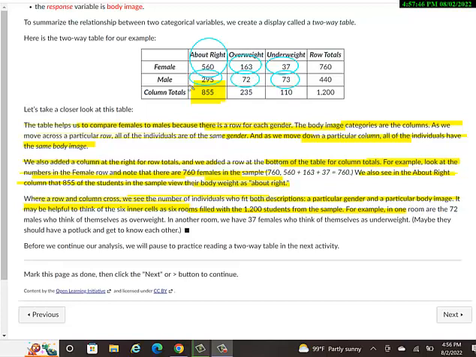Females go into 3 different rooms, about right, overweight, underweight, and the males go in 3 different rooms, the males that are about right, overweight, underweight. So that's what they're trying to say there. For example, in one room there are 72 males who think of themselves as overweight. In another room we have 37 females who think of themselves as underweight.